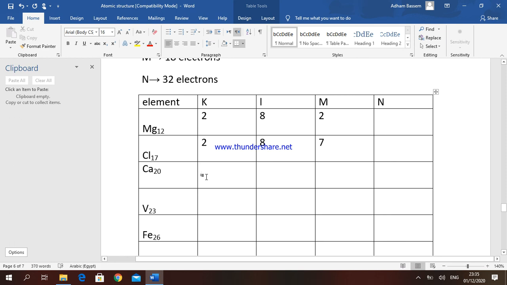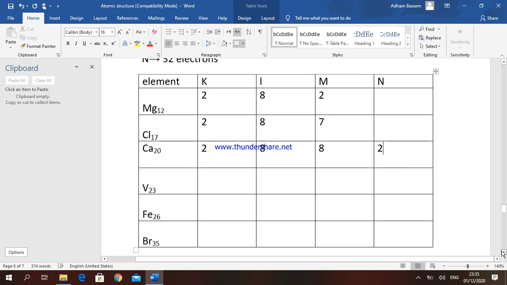Calcium has 20 electrons. K level carries 2 electrons, L level carries 8 electrons, M level carries 8 electrons, and N level carries 2 electrons. Vanadium, and so on.